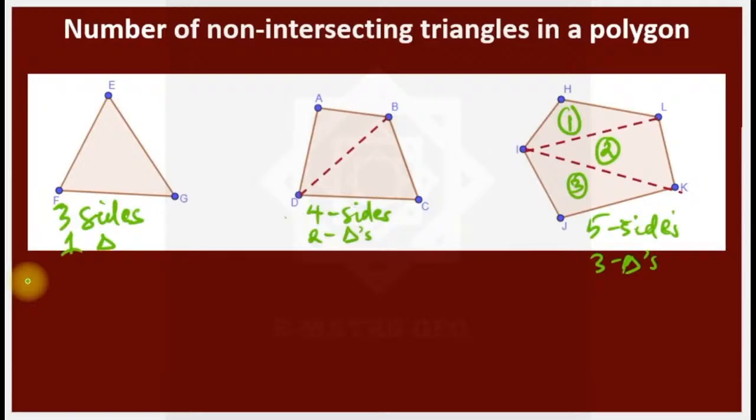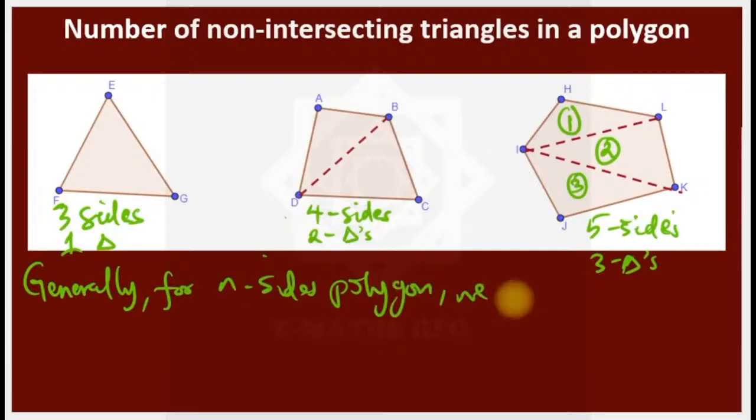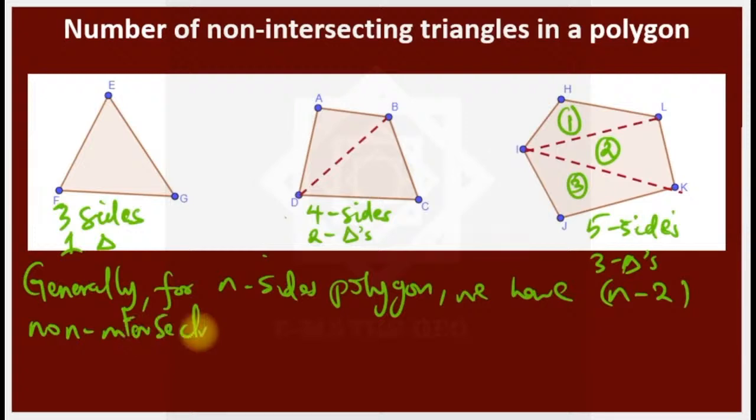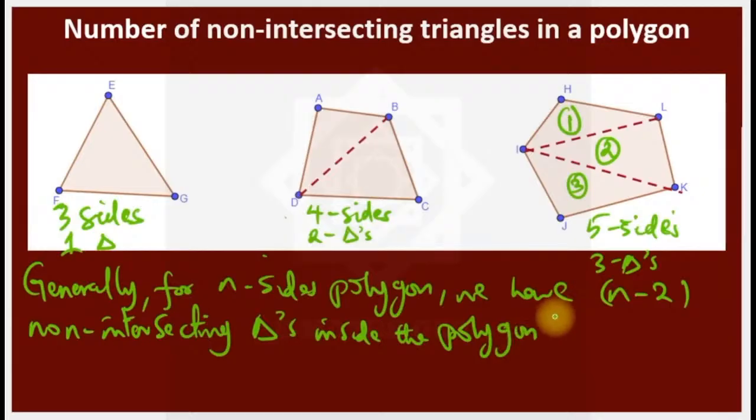Generally, for an n-sided polygon, we have n minus 2 non-intersecting triangles inside the polygon. So this is a very important formula. It will help us to get the sum of the interior angles of a polygon.